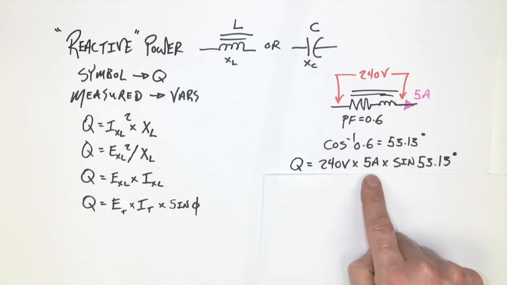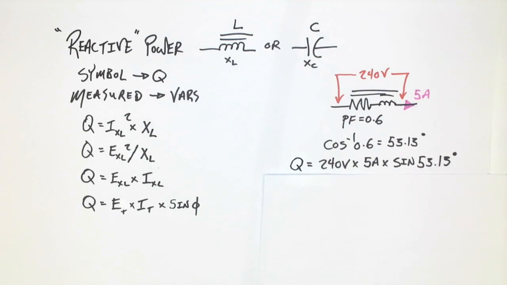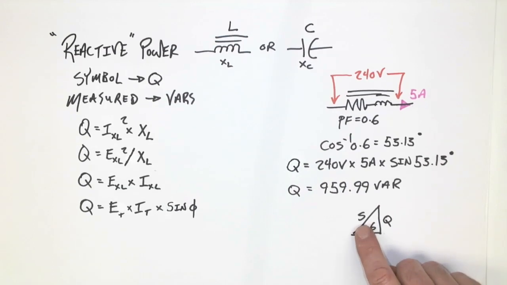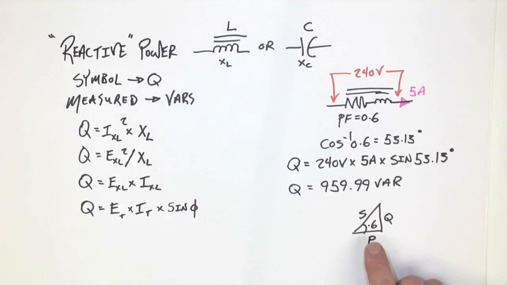And then I took 240 times 5 times sine 53.13 degrees, and we get 959.99 VAR, which would be on the vertical portion of my power triangle. Again, my power factor in the middle, representing the relationship between the power and the S. And that would be all that we could do with the reactive value.